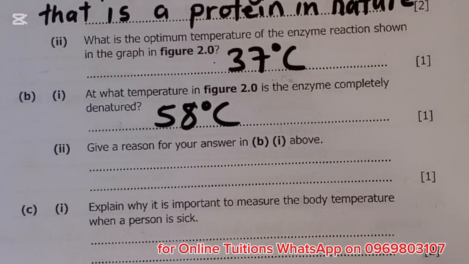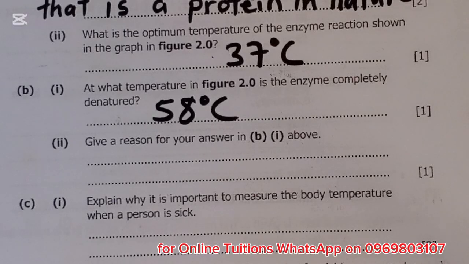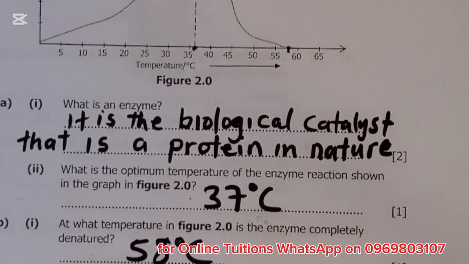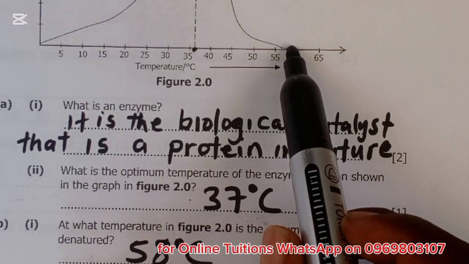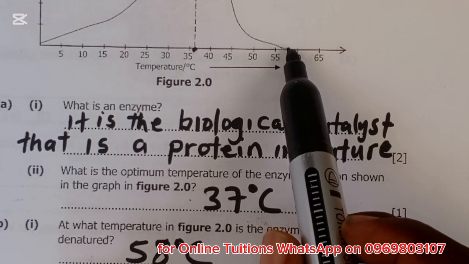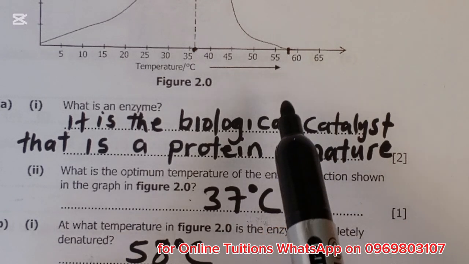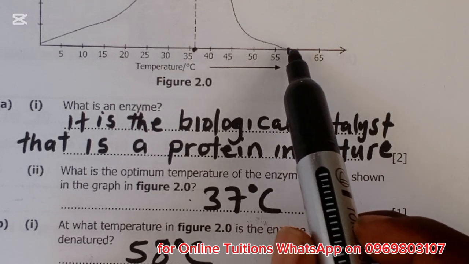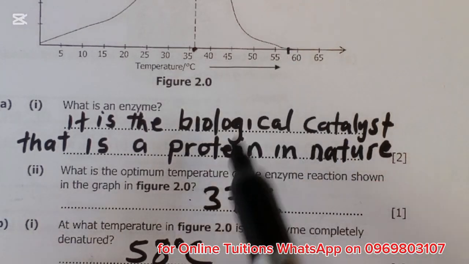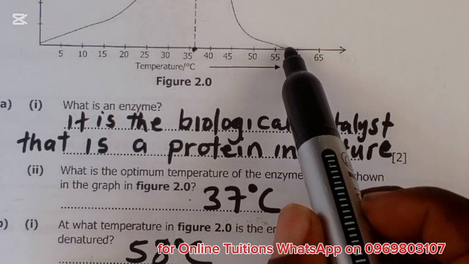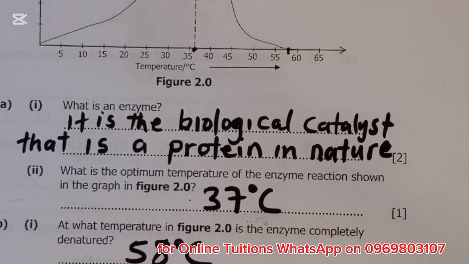So give a reason for your answer in B above. So at this temperature, as you can see, the rate of enzyme catalyzed reaction is completely 0 here. This indicates that the enzyme has completely lost its functional shape.